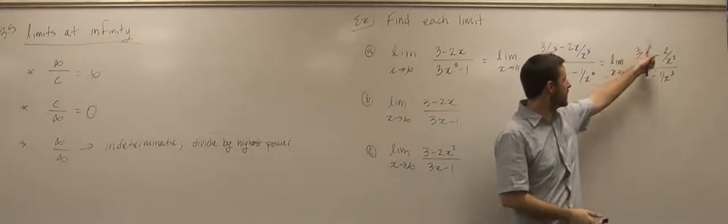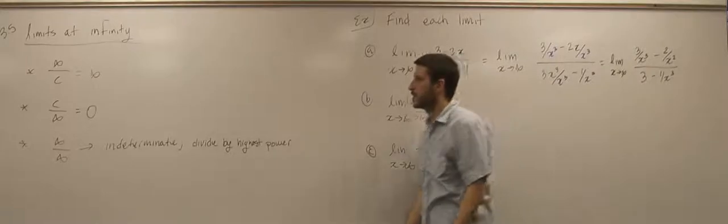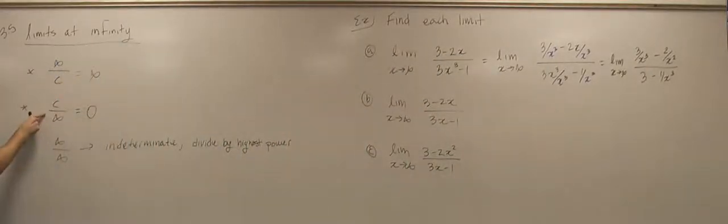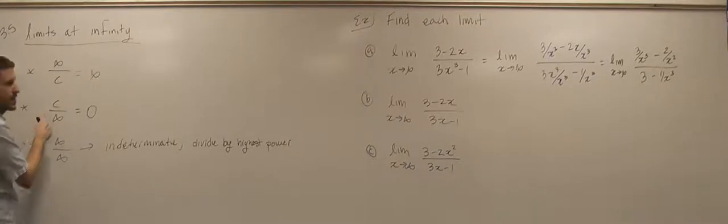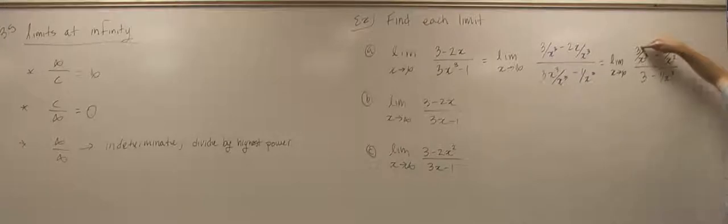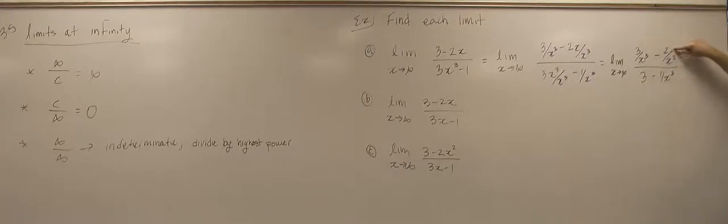And now each of these is exactly of this form, except the 3. Each one of these, when you plug in infinity, is a constant over infinity. If you cube a huge number, it's still huge. So constant over infinity, constant over infinity, constant over infinity.